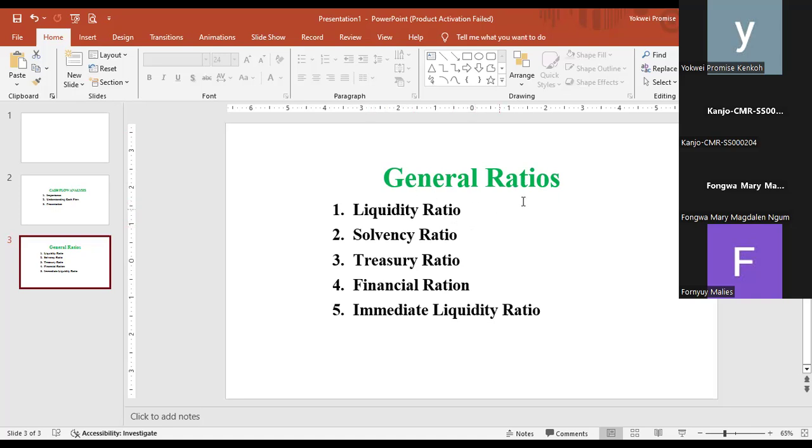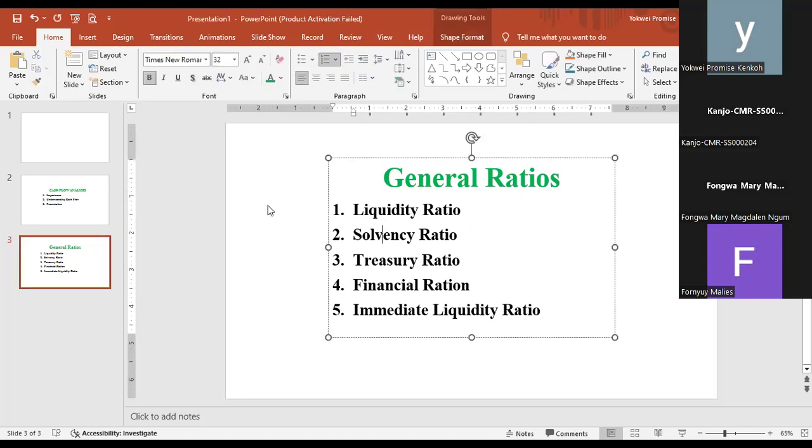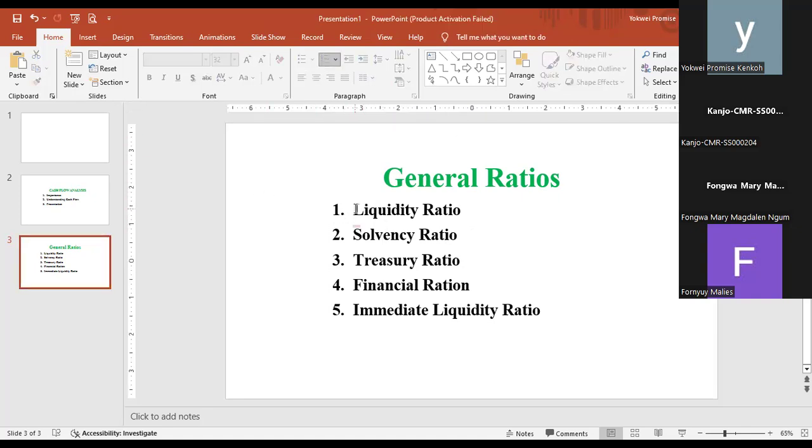So looking at the general ratios now, you can find yourself in a situation where you have been given a lot of information, but you have been asked to calculate the liquidity ratio only. You know that with the liquidity ratio, there are other sub-ratios under it. If you have been asked to calculate only the liquidity ratio, what will you do?